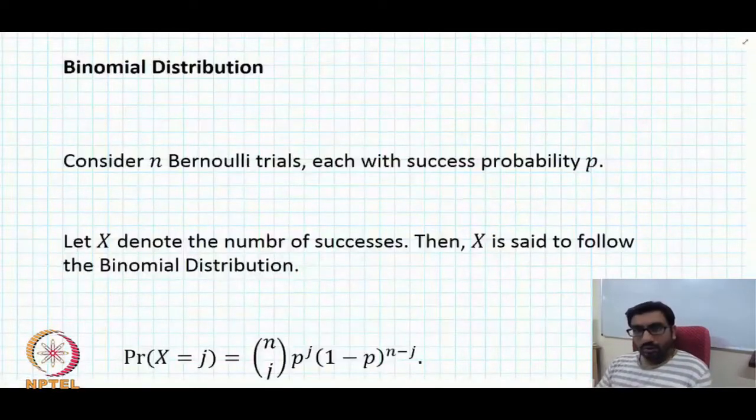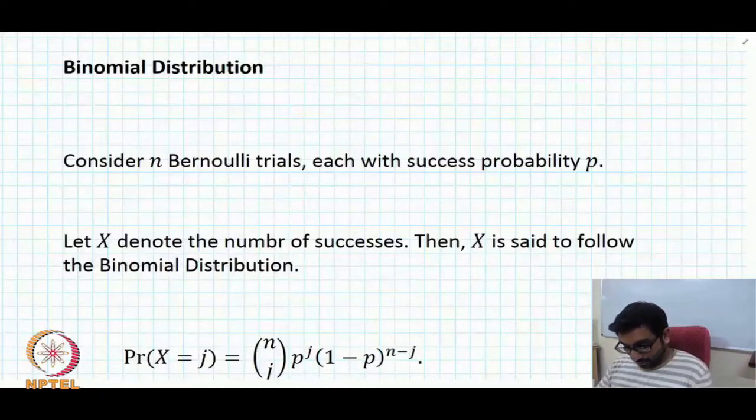So now that we have a handle on Bernoulli trials, Bernoulli random variables, and the expectation of such Bernoulli random variables, let's move on to the binomial distribution.